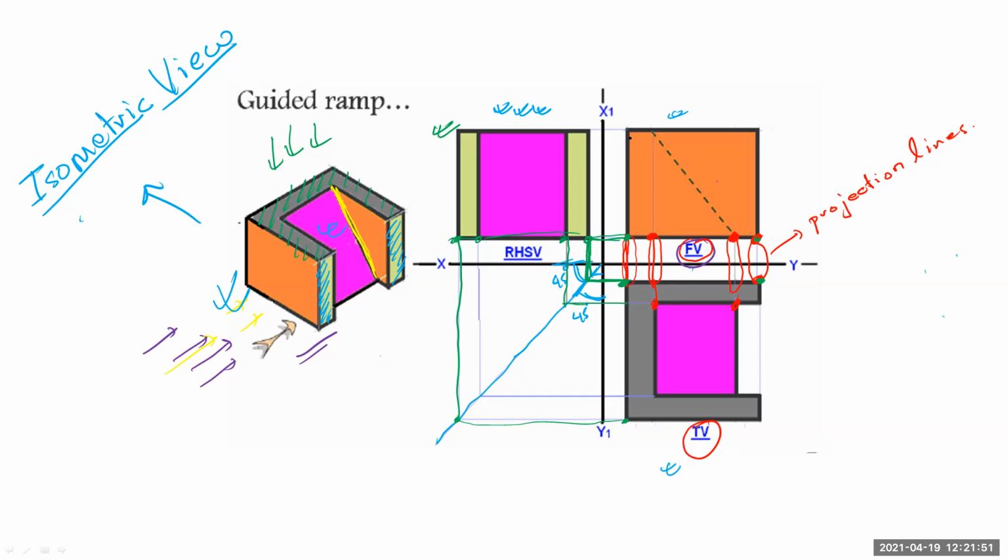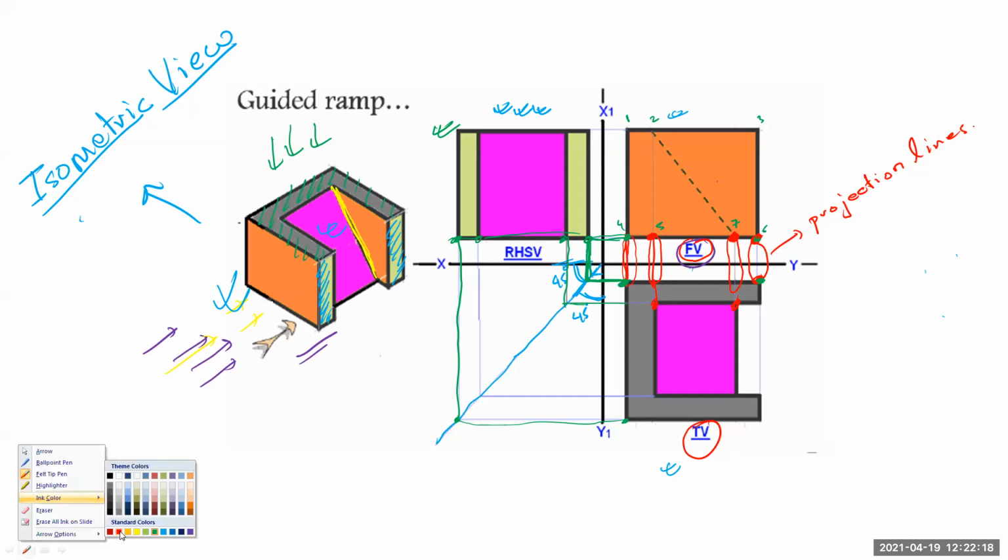Likewise here you can name the points. When we were doing our conventional drawings using the mini drafter, at that time we used to give the name of all the corners. Suppose this is corner 1, 2, 3, 4, 5, 6, 7. So where are those corners in your top view? Likewise, you have to give the name at this location also.